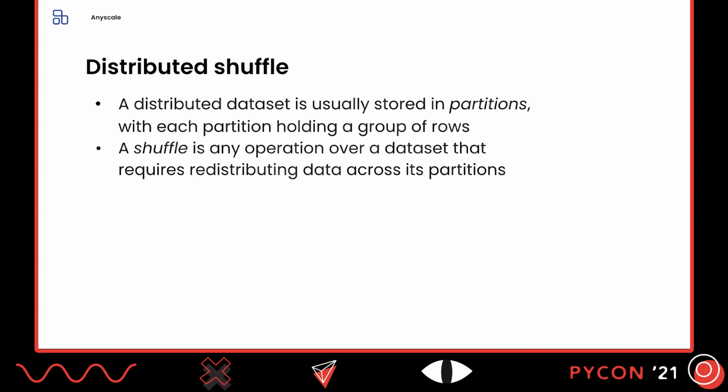Usually in distributed systems, a data set is stored in partitions, with each partition holding a group of rows. Shuffle is the operation over the data set that redistributes data across its partitions. It's a pretty important operation for data processing because it is commonly used for many different distributed data processing algorithms. For example, when you're running a distributed sort, it requires you to run shuffle under the hood.